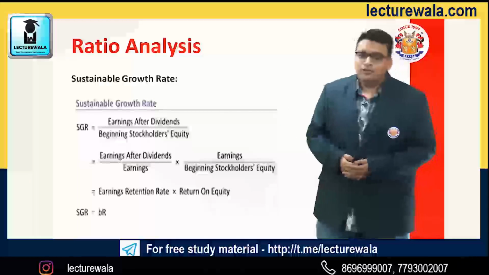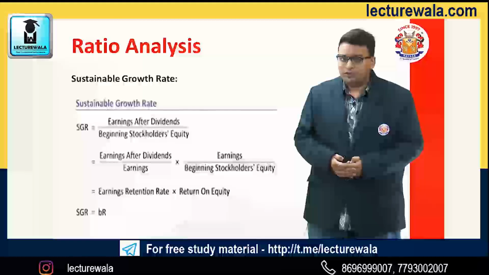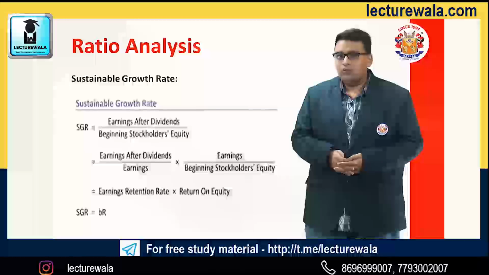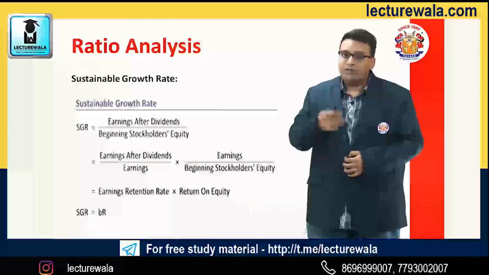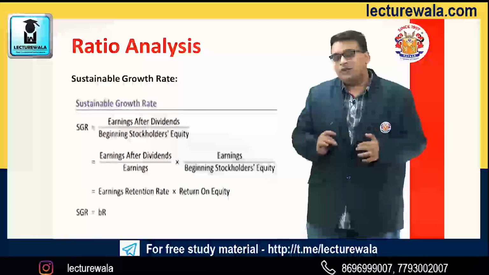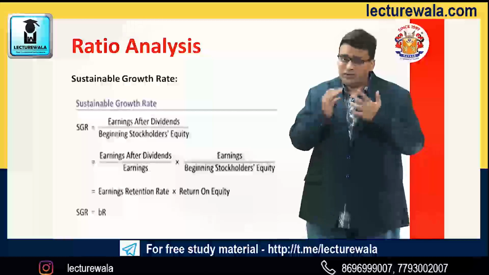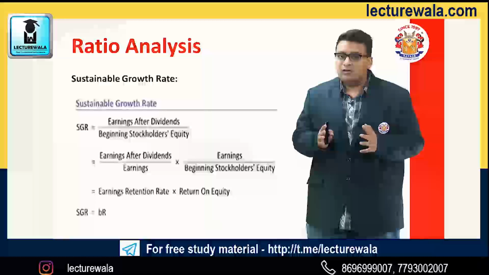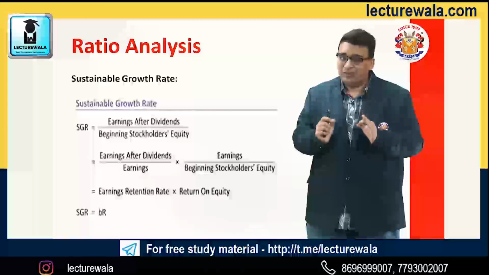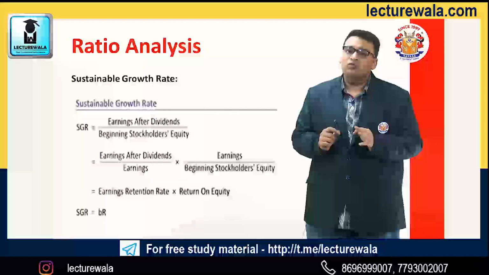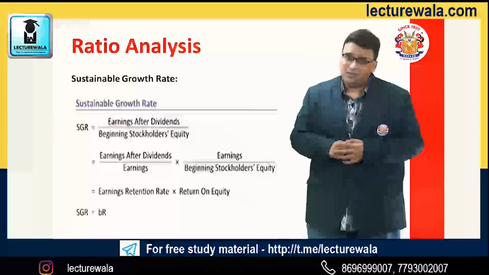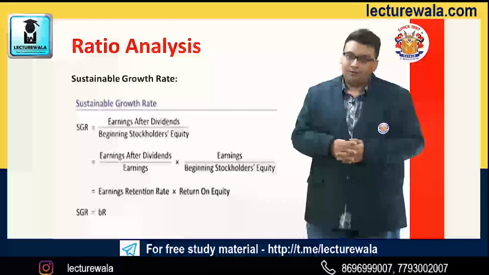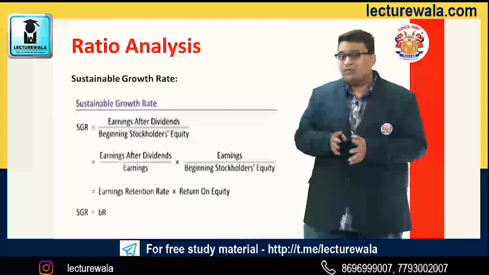If we look into the formula of the sustainable growth rate, first of all, using the opening stockholders equity, we are going to derive the income, and on the basis of that income, after deducting the dividend, we get the earnings remaining after dividend. This is how your beginning stockholders equity helps you derive the earnings after dividend, and that is nothing but your return on equity.